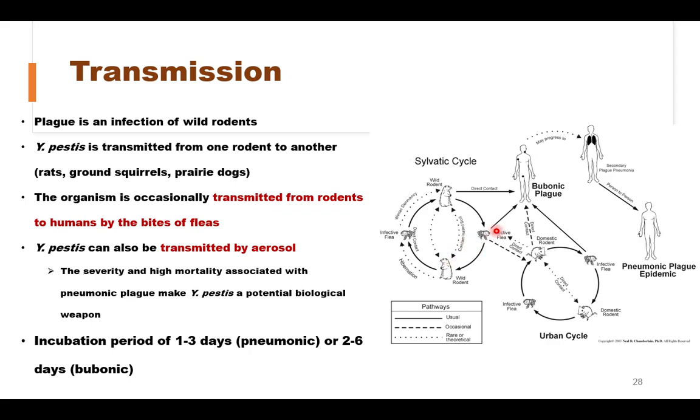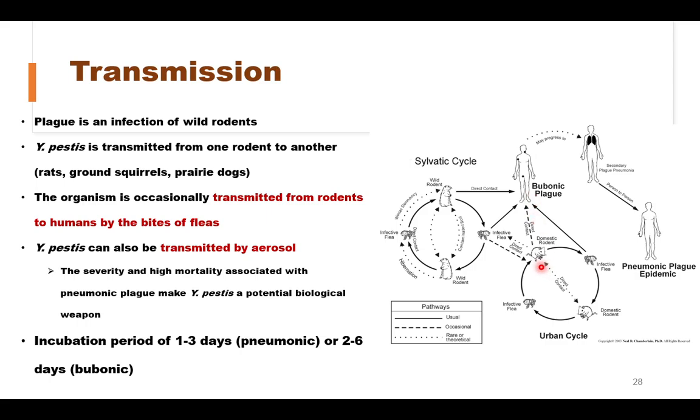Another way by which infection may be transmitted is when we come into contact with the fleas that are infected. So a flea bite can also transmit infection to humans, and you may have the bubonic plague.